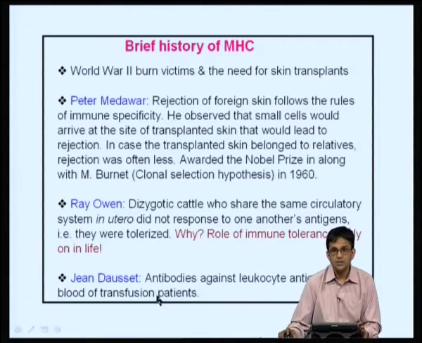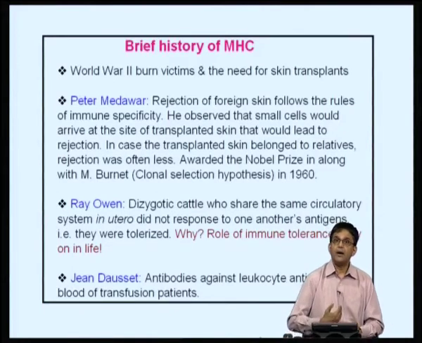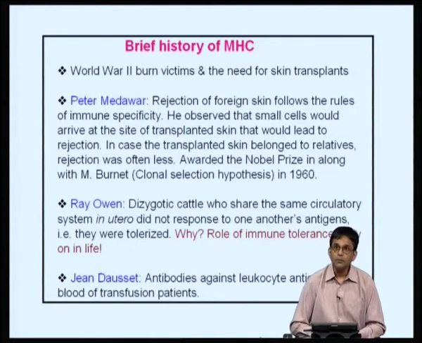Jean Dausset found antibodies against leukocyte antigens in the blood of transfusion patients. So people who had received transfusions, their immune system reacted to it and made antibodies against different MHC, and he used these as reagents.